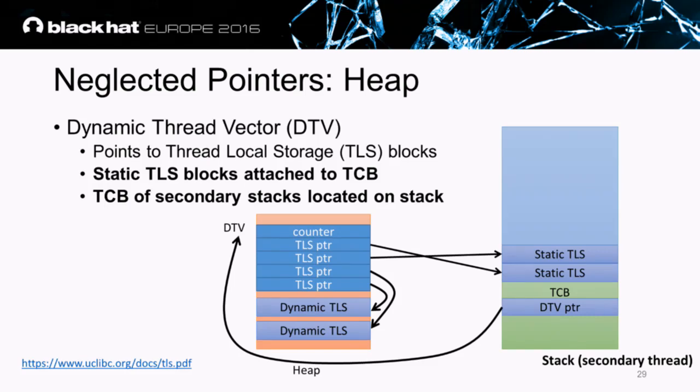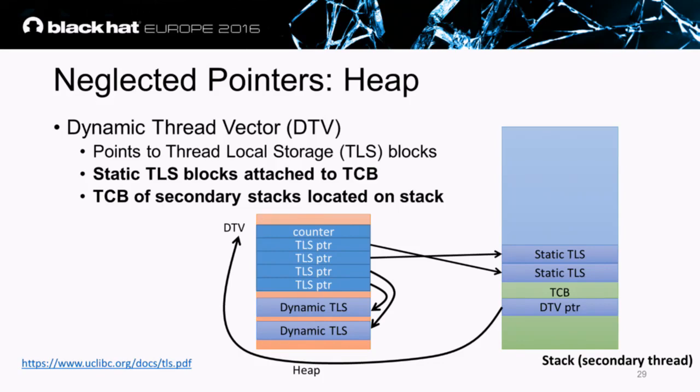So what we found in the heap, we found some thread management related structure, which is called the dynamic thread vector. This contains pointers to TLS blocks, so the thread local storage blocks, and a thread local storage corresponds to a module, a library.